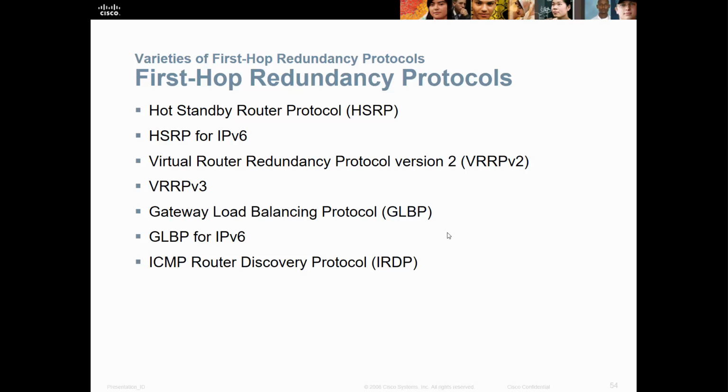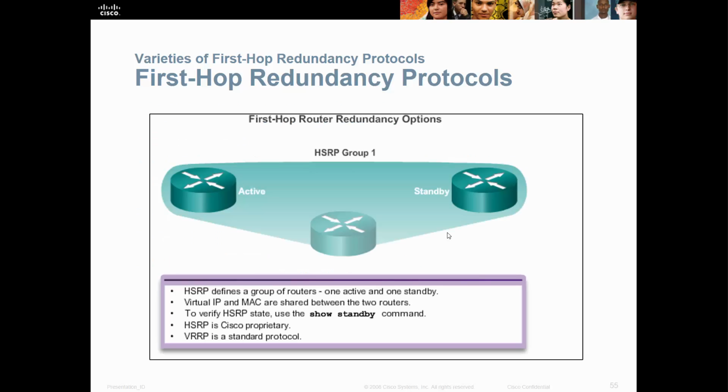HSRP is a very common one, though you may run into VRRP and GLBP in other areas. Notice I did not really talk about IRDP. That one is not as common. HSRP has been the one that I've actively used the most. They will do it in groups, again, active and standby.